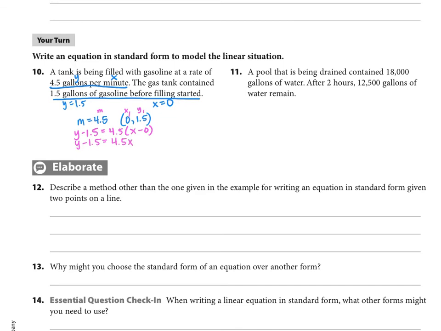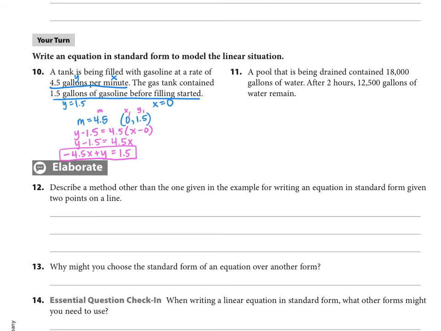And then minus 0 is just going to go away. I'm going to do two things here. I'm going to subtract 4.5x on both sides, and I'm going to add 1.5 to both sides. So I'm going to get negative 4.5x plus y equals 1.5. And there it is in standard form.